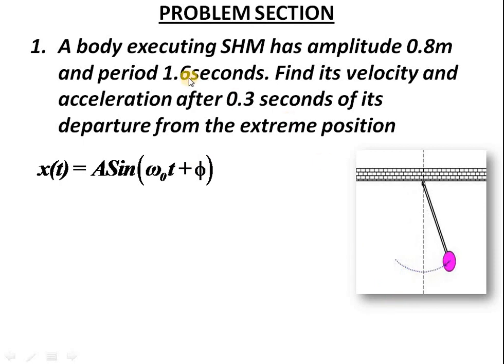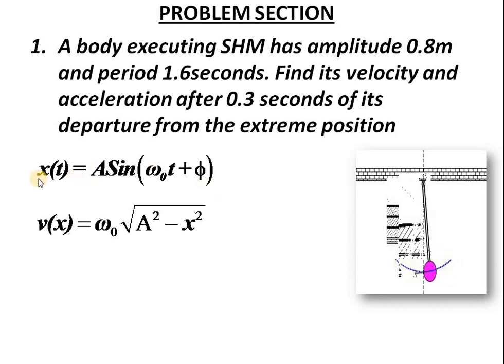But here it is mentioned in the problem that the bob starts its oscillation from the extreme position, here or here. So for that case, phi will be equal to pi by 2. Understand? If it is starting from the mean position, phi will be 0. Here it is mentioned clearly that the motion starts from the extreme, so phi will be pi by 2.